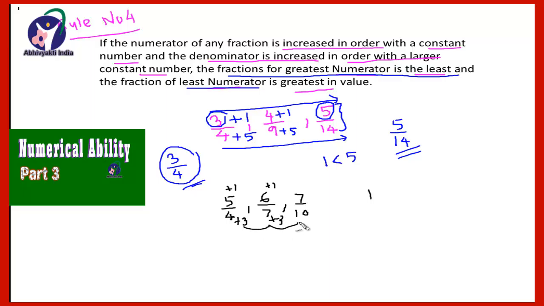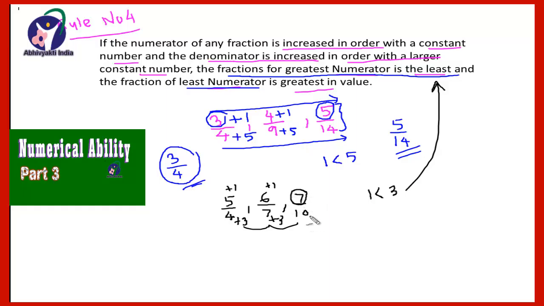Since the denominator is increasing by 3 and 1 is smaller than 3, we can apply this rule that the fractional number with the highest numerator will be the least.